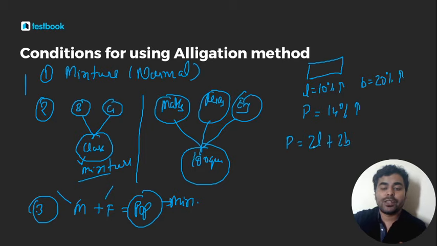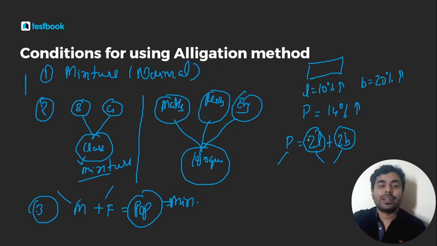So these two things are being added to form the perimeter, and whenever some values are added to form another value, these values are like components and the result is like a mixture. So there is mixture formation in such a question, and we can deal with it with the help of the allegation method.